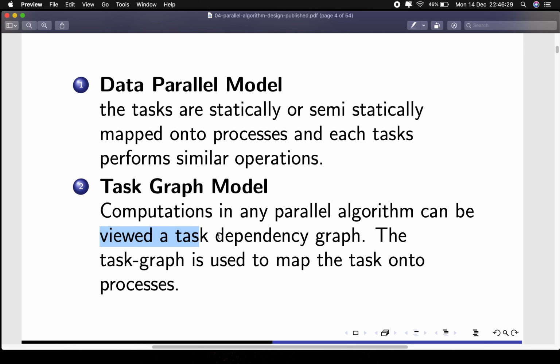This is the first keyword for the task graph model. Another keyword is that the task graph is used to map the tasks onto processes.